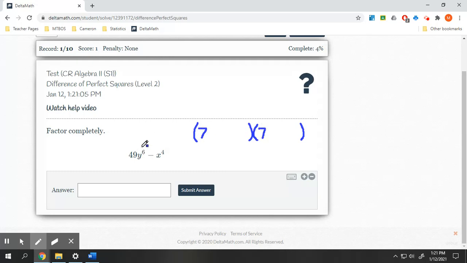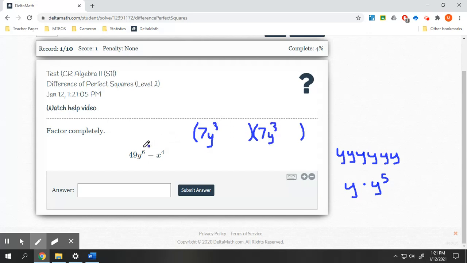Now, y to the 6th power. This means that I have 6 y's: 1, 2, 3, 4, 5, 6. I could write this as y times y to the 5th, but that's not going to get me a middle term that cancels out. The way I'm going to break this up is y to the 3rd times y to the 3rd.